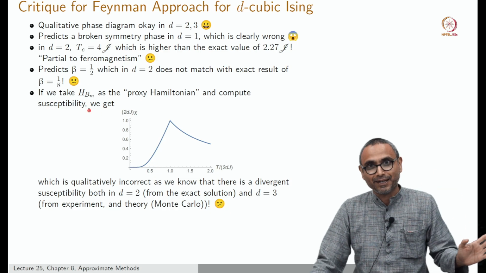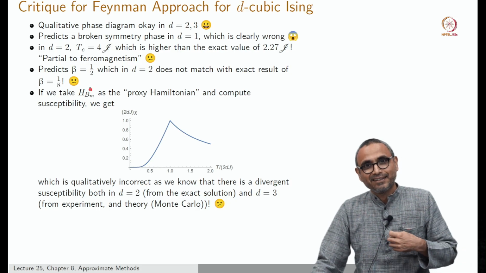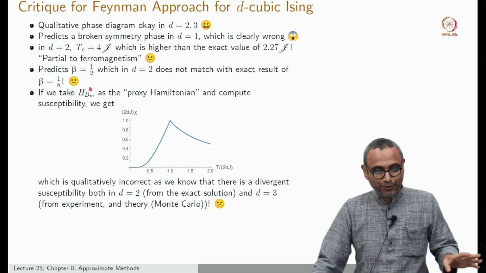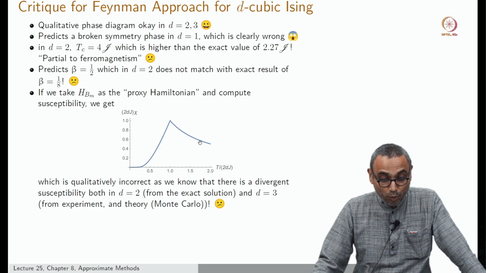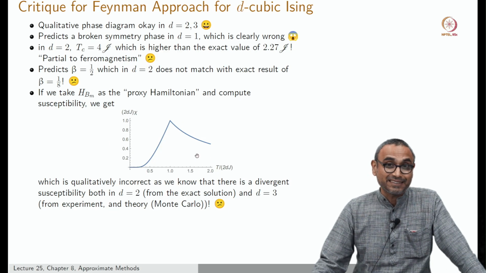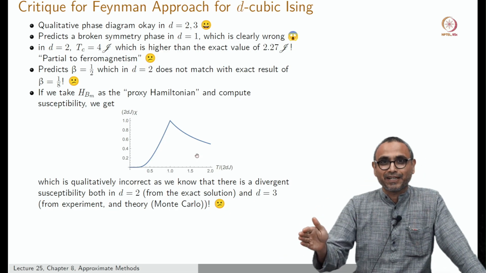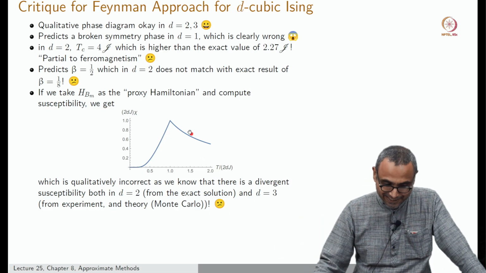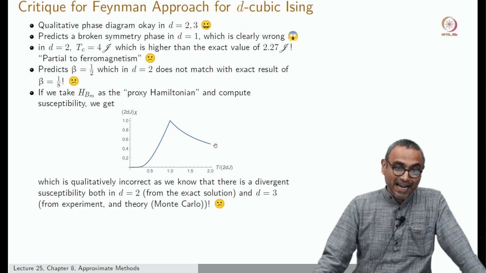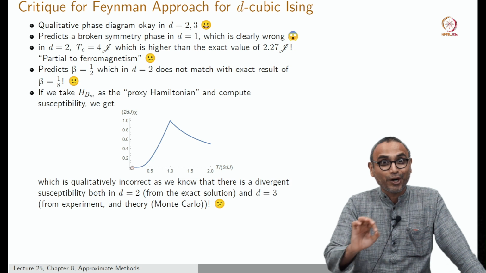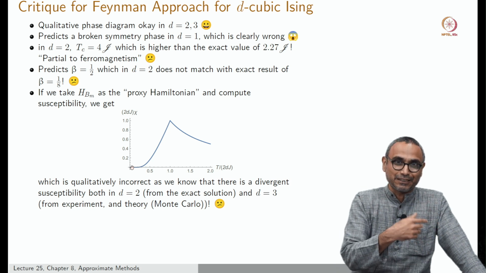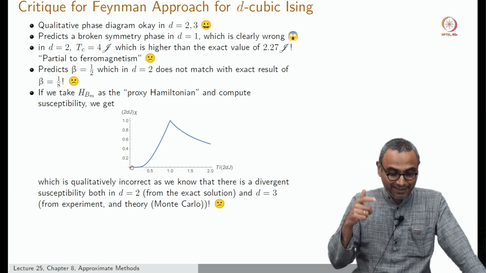Use the Kubo formula, use the H_BM that you have computed, and just evaluate the susceptibility. You will see that the susceptibility goes as 1 over T at high temperatures, which is exactly what we expect. And at low temperatures it goes down exponentially. This is also what we found by perturbative calculations for, say, the 2D Ising model.